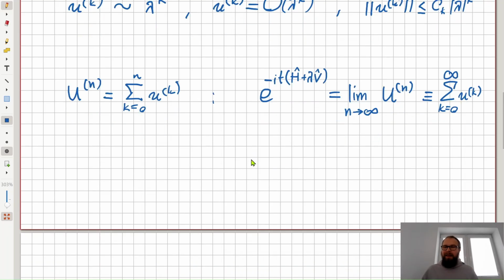And of course, calculating this full series, this limit, is as difficult as calculating the evolution operator in the first place, right? And this is too difficult. If it wasn't too difficult, we wouldn't need perturbation theory in the first place, right?